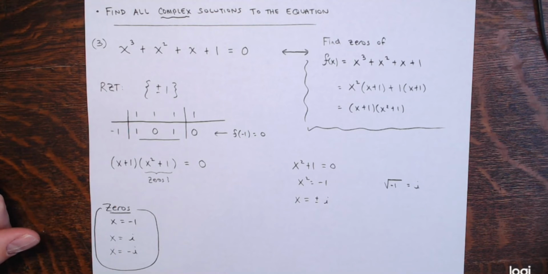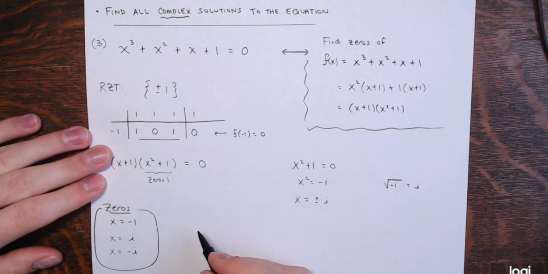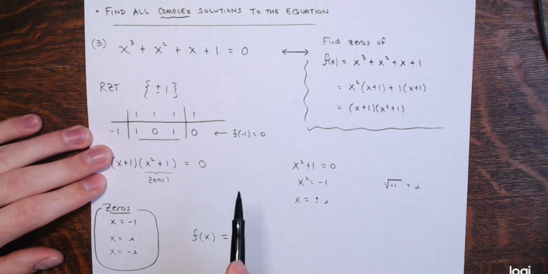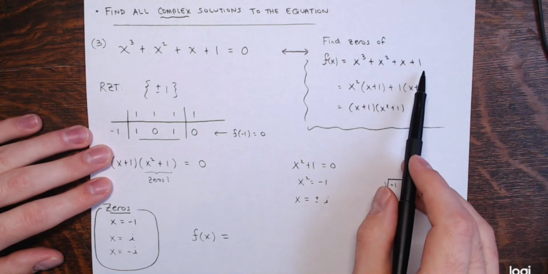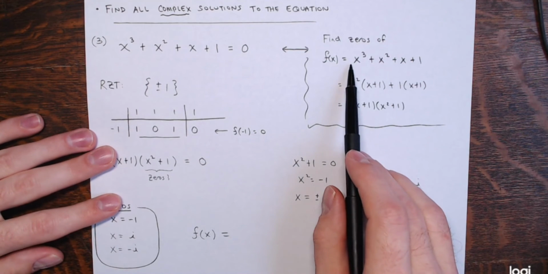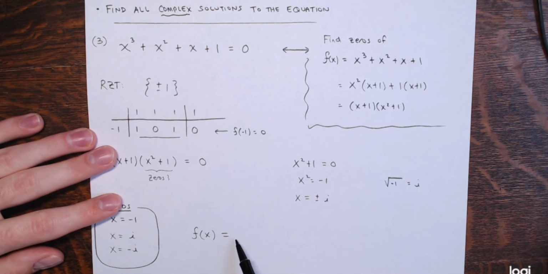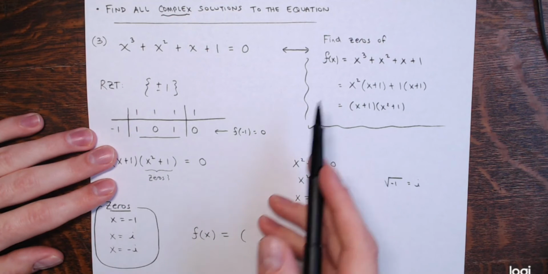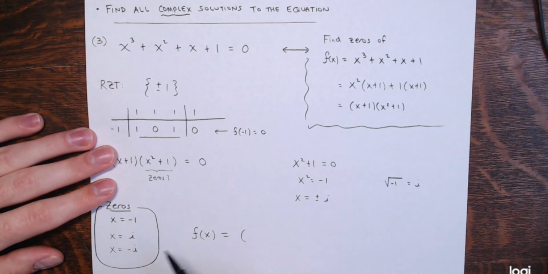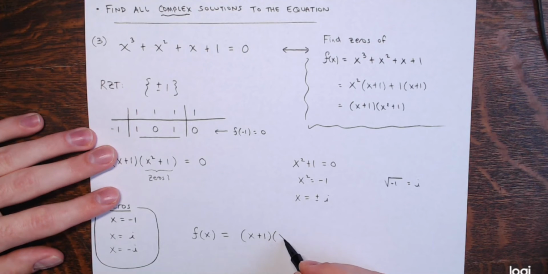And then knowing all this means we could write f of x the following way. We could write this polynomial x cubed plus x squared plus x plus 1 this way. Now the lead coefficient is 1, so I don't need to write that factor of 1. And then just times x minus, 3 factors, degree 3, 3 factors, each one has x minus one of these, so x plus 1 times x minus i times x minus negative i, or x plus i.